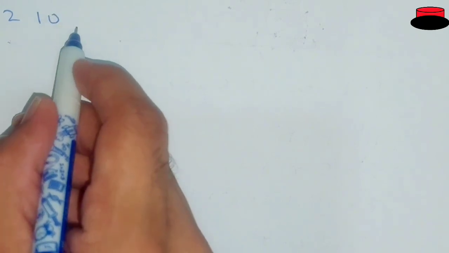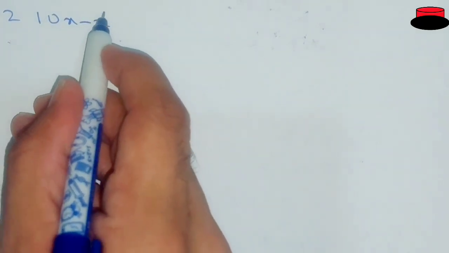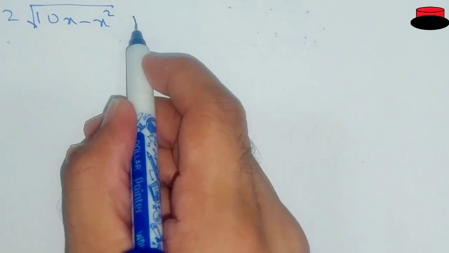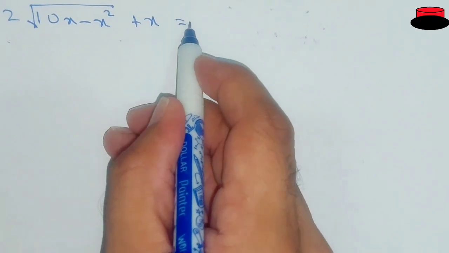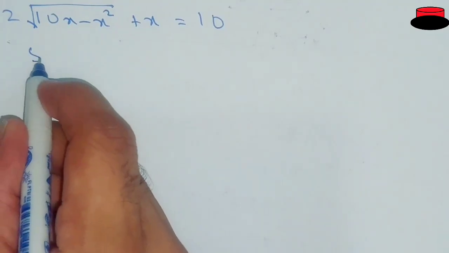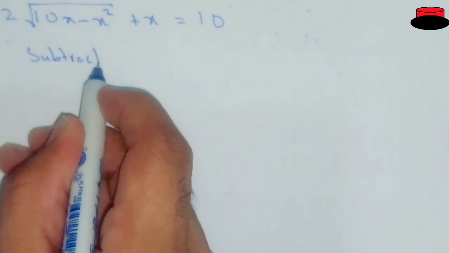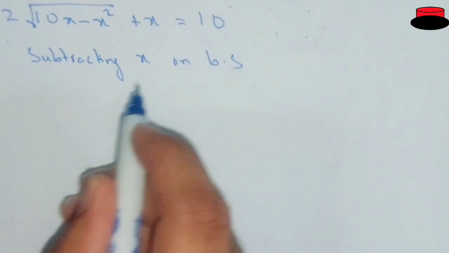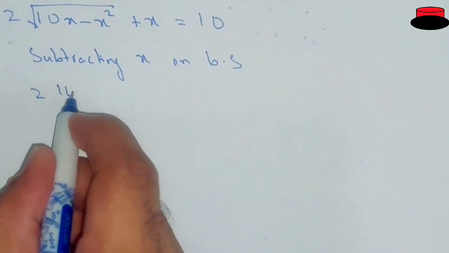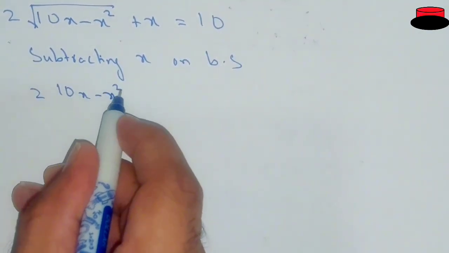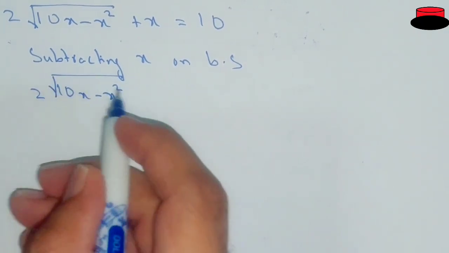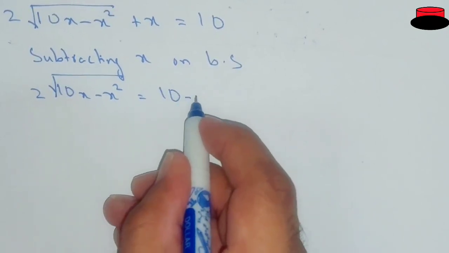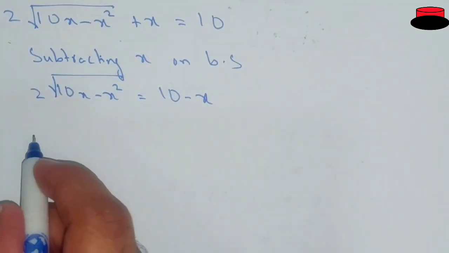So replacing the value of y, that is 10x minus x square in the under root, multiply by 2 plus x equal to 10. Now subtracting x on both the sides, so we have 2 in the under root, 10x minus x square equal to 10 minus x, because plus x minus x will be cancelled, so here we have 10 minus x.